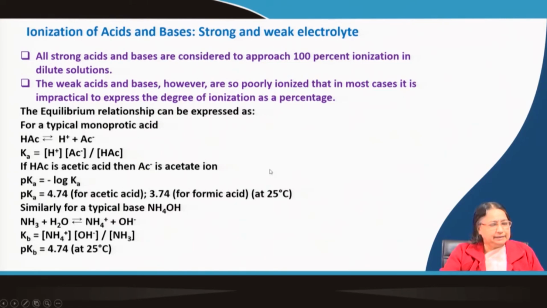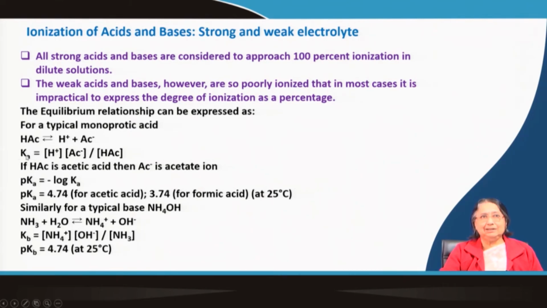Now, here as the example I have shown a monoprotic acid, acetic acid, CH3COOH. Because it is not 100% dissociated, we must consider the equilibrium constant, which is usually expressed as Ka.